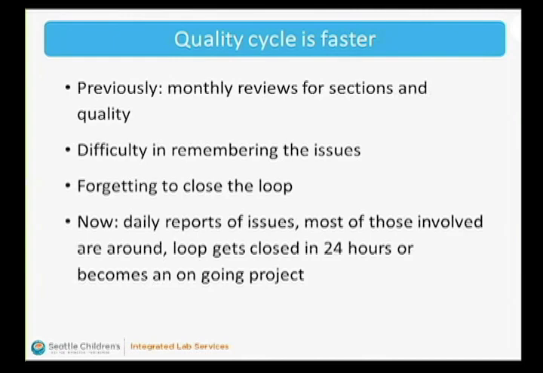We had trouble closing the loops, and now most of the loops get closed in 24 hours because everybody's heard about the problem and they're expecting a resolution report. Moreover, problems get reported on a daily basis, so you don't need to retrospectively look at them every 30 days. So that's been really nice.